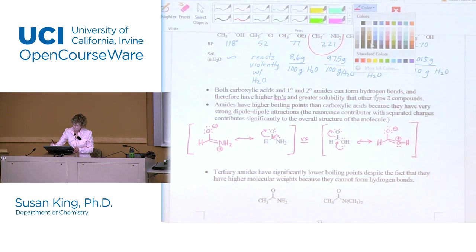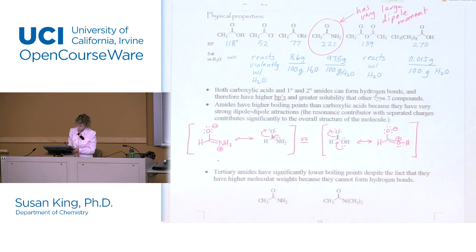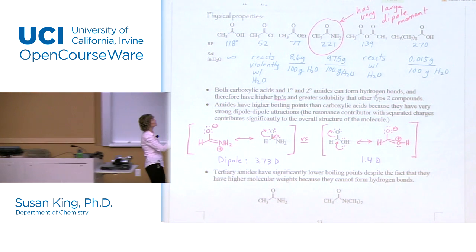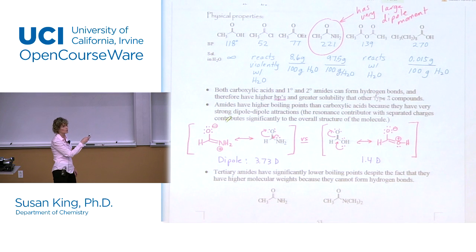And we'll write down the dipole moment here. 3.73 debye. That's huge. For formic acid, it is 1.4 debye.